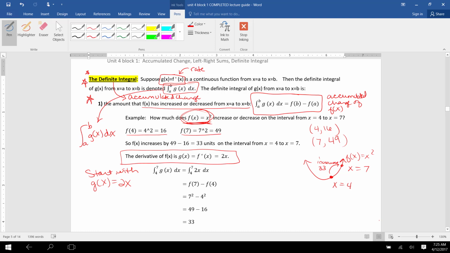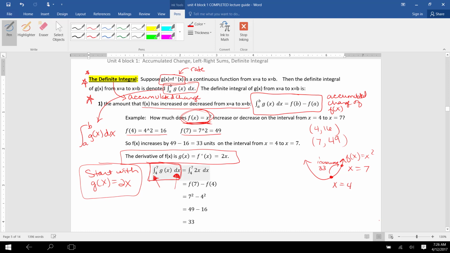Well, the way that we write the notation for that question is to write the definite integral of g of x from x equals 4 to x equals 7. Notice that we have this dx here on the right side. You want to think of, when you're writing these definite integrals, that the integral symbol with the 4 to 7 is on the left, and you're going to think of it like parentheses in a way.